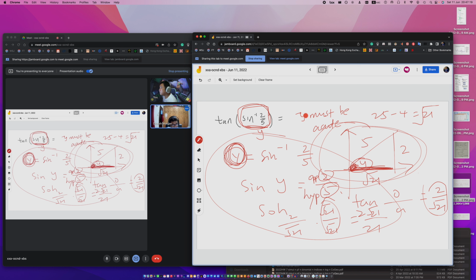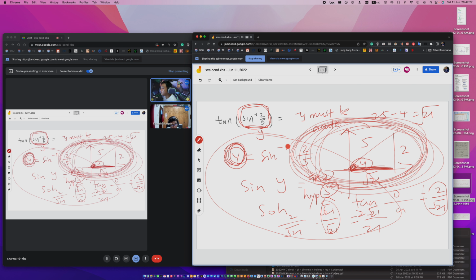Remember, if you are asked not to use the calculator, always think of this Pythagoras way of doing questions. Whenever they ask you not to use the calculator or for the exact value, you better think of this way of doing questions. Okay, good.